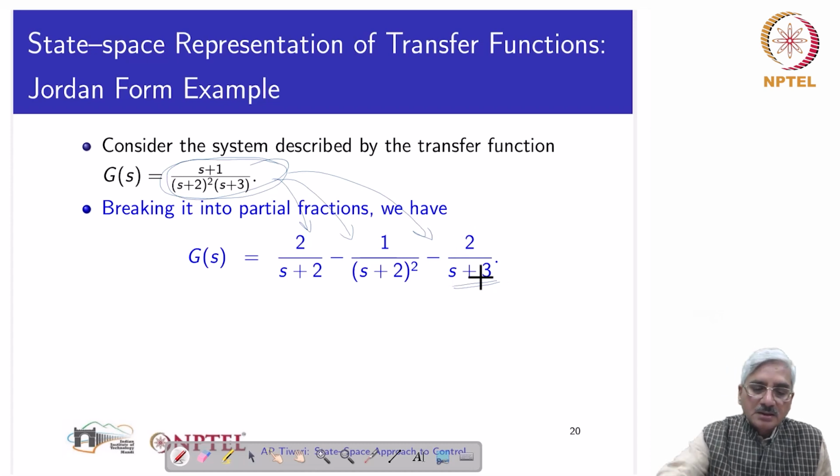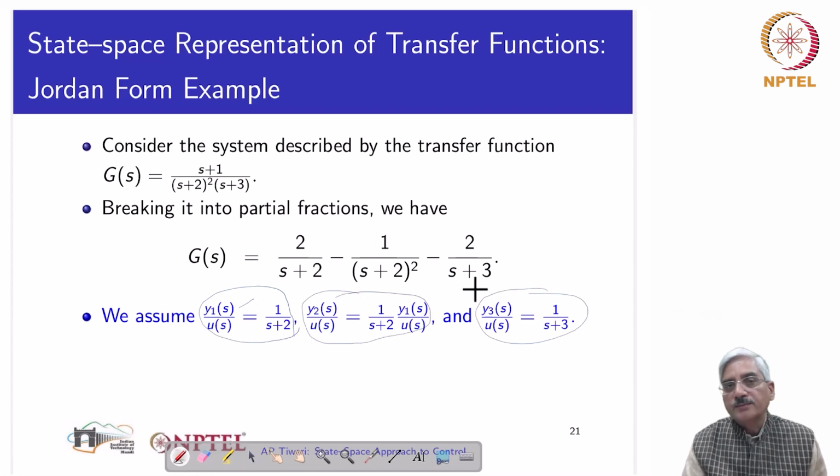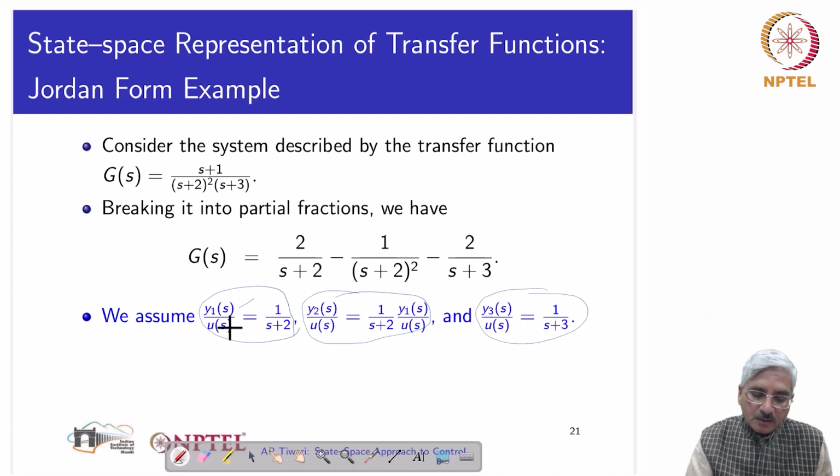So this is G(s), and now each one of them is represented as output Y1, output Y2 and output Y3. So Y is comprised of Y1 plus Y2 plus Y3 like this. So Y1 by U, the Laplace transform, is 1 by s plus 2.